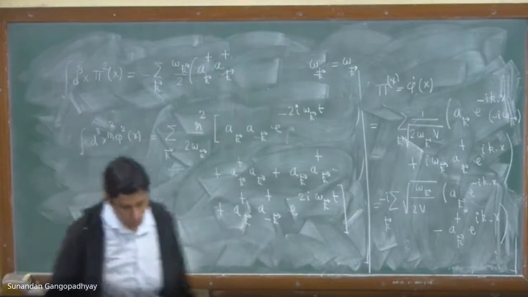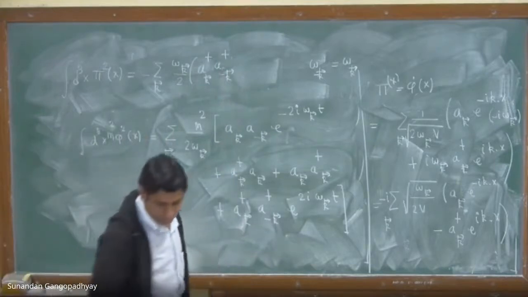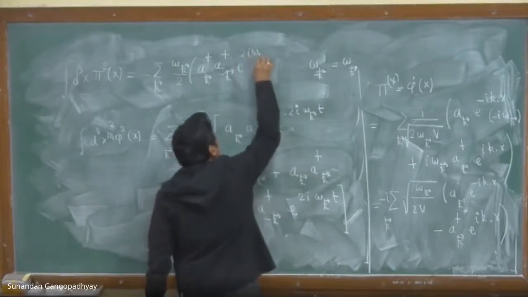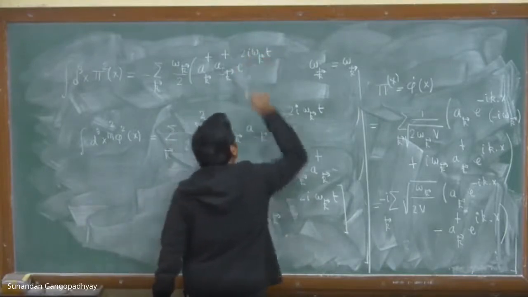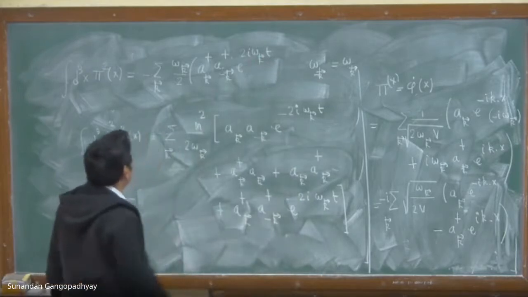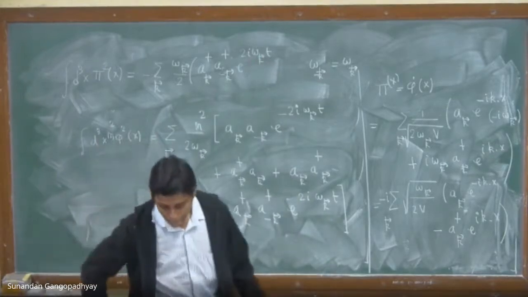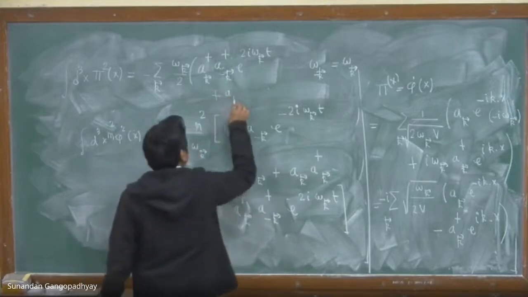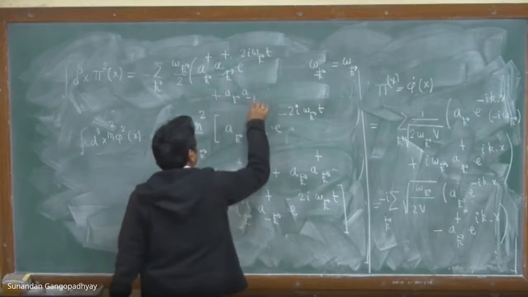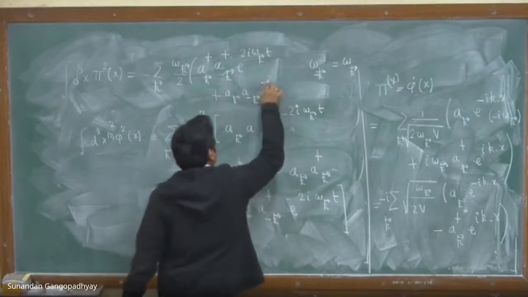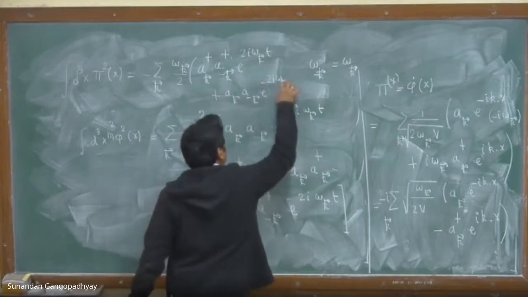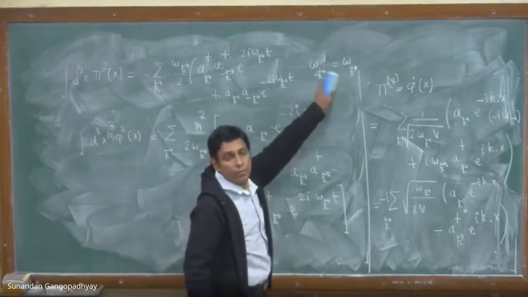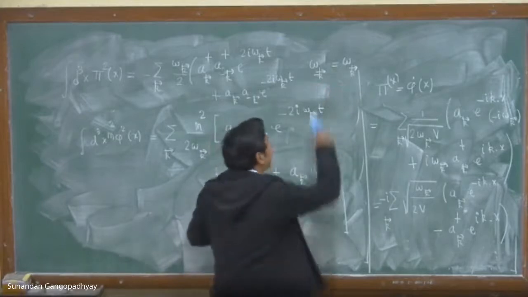That is what we shall have, times exponential of 2i omega k t. This is one of the terms that you will get from here, and then you will have a k a minus k exponential minus 2i omega k t. Please remember that omega minus k is equal to omega k. This follows from the definition of omega k.